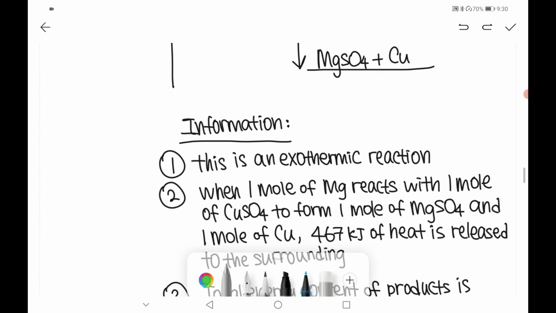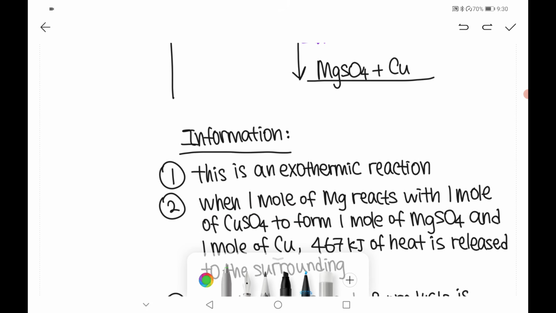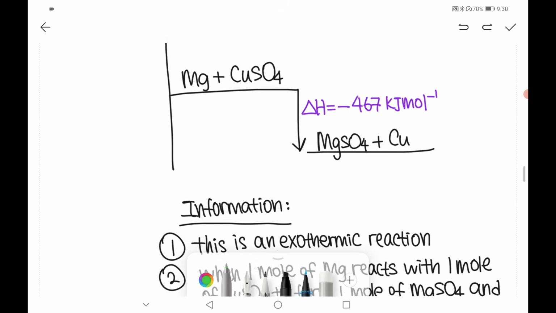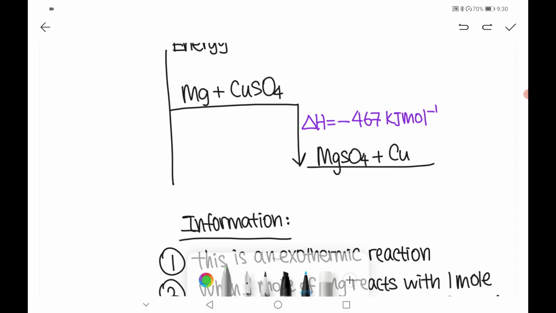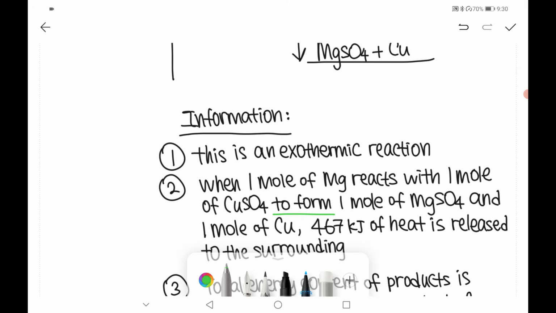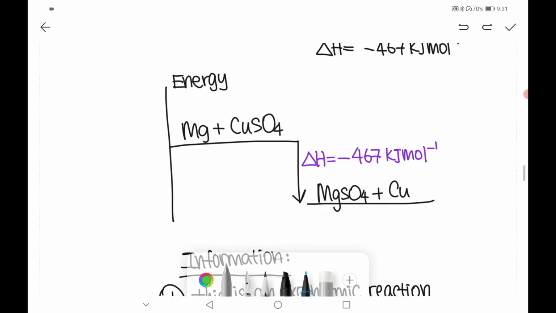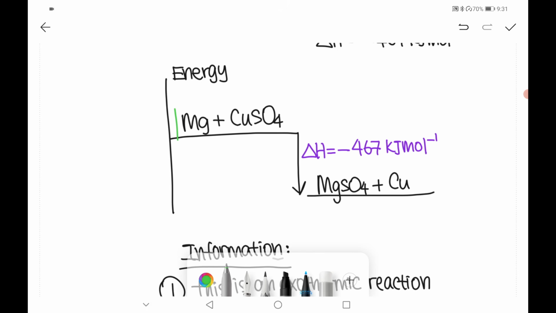What is the final product? We produce magnesium sulfate, 1 mole, and copper, 1 mole. So when 1 mole of magnesium reacts with 1 mole of copper sulfate, it produces 1 mole of magnesium sulfate and 1 mole of copper.